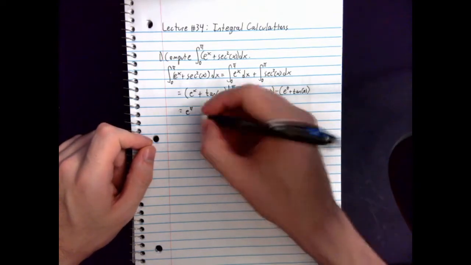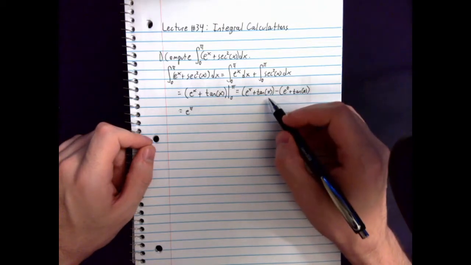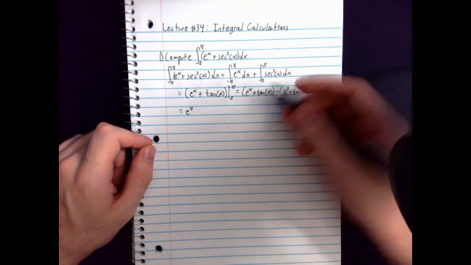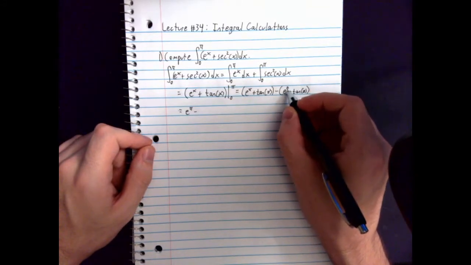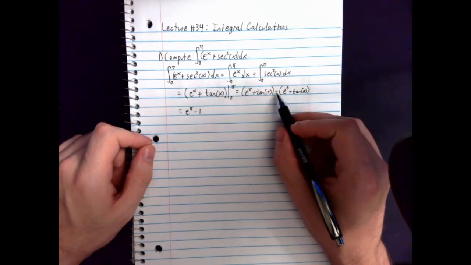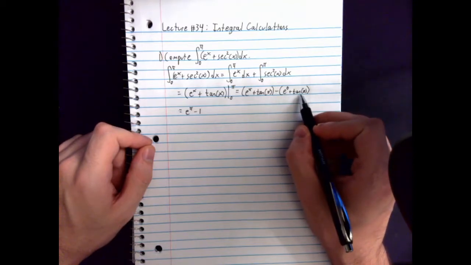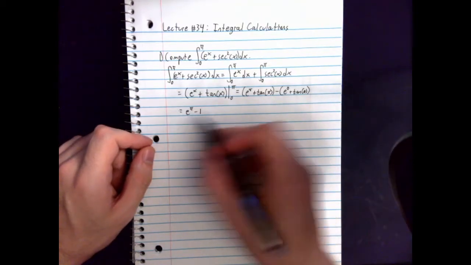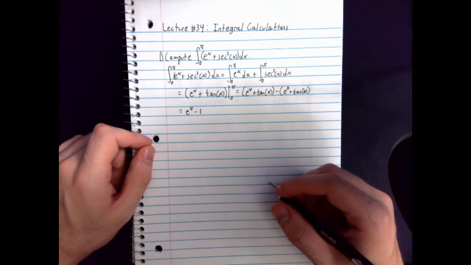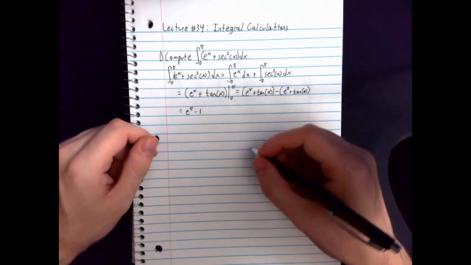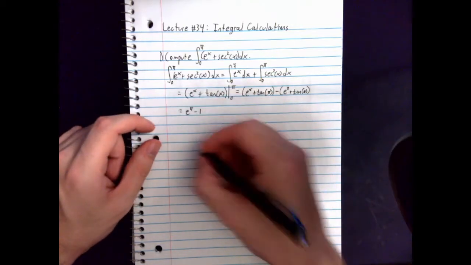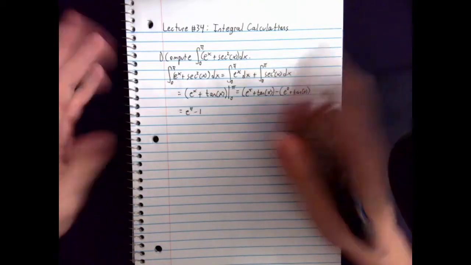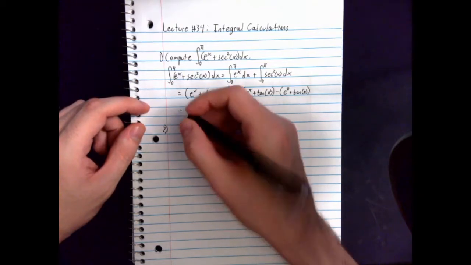Tangent of pi is 0 because it's sine of pi over cosine of pi, and sine of pi is just 0. Minus e to the 0 is just 1, and then I have a minus tangent of 0, but tangent of 0 is also 0. So this is just e to the pi minus 1. And if we were putting this in on a computer, we could get a decimal approximation for it. And that's it. So we're all done with that one.